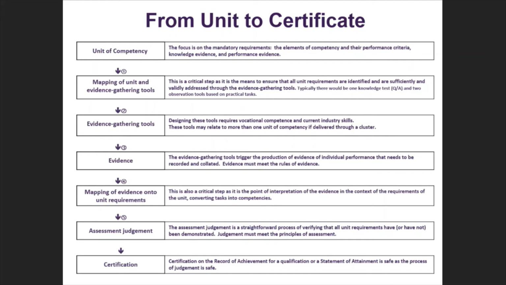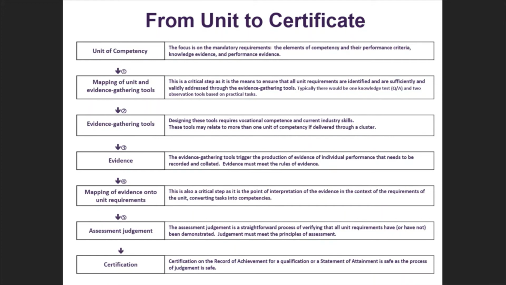Once you've identified what are the mandatory requirements, you can start looking at a mapping. And I do want to stress here that a mapping is not specified as a requirement in the standards. We're just suggesting to you that it's a very good idea. And most RTOs that I come across do have this sort of mapping process.